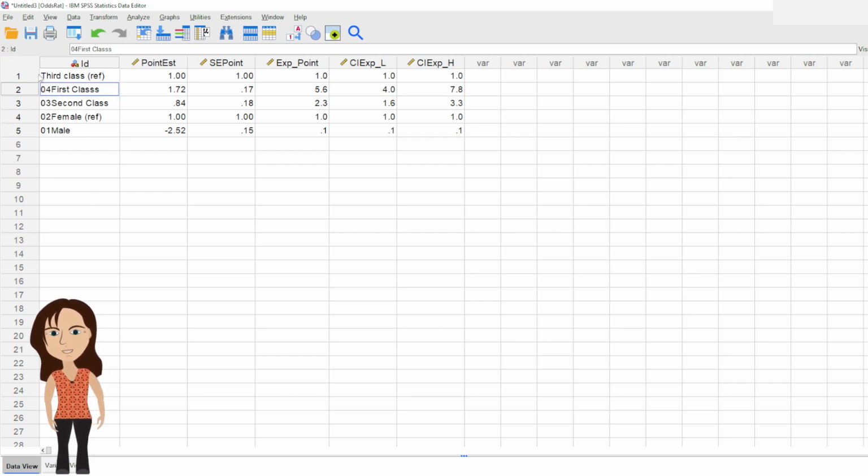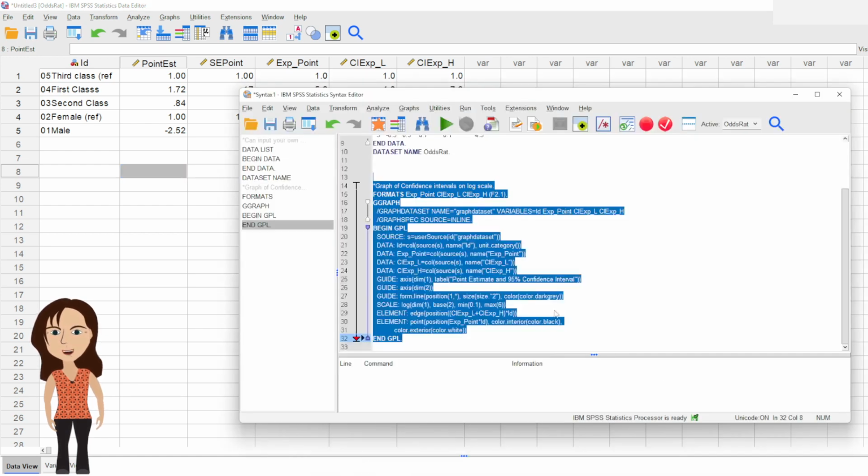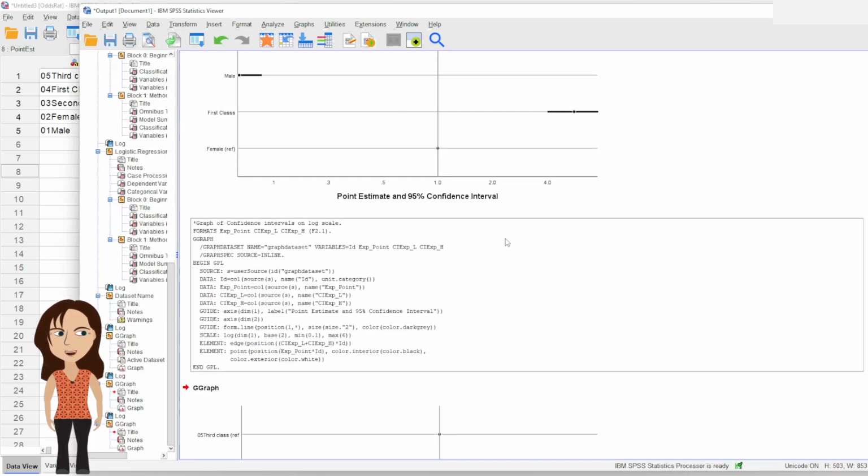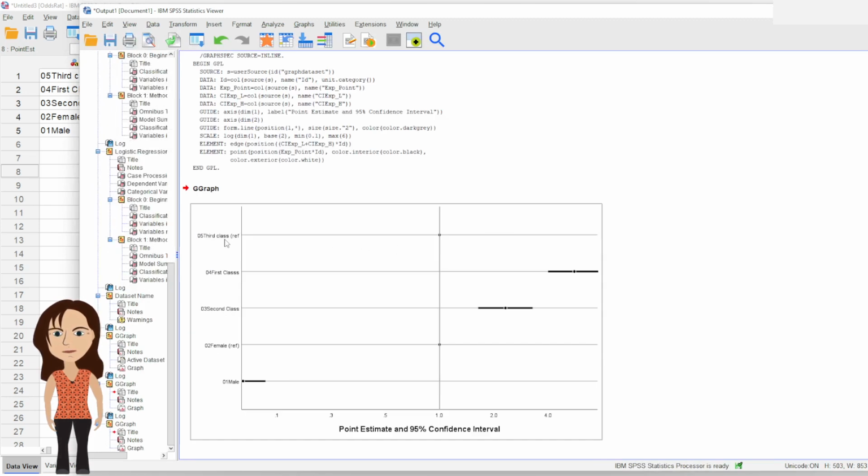There might be a smarter way to do it, but I haven't really played around with it that much. Now I can't remember which way around it's going to do it, so I don't know if that's going up or down. 5, 4, 3, 2, 1. Okay, it's doing it in that order there.